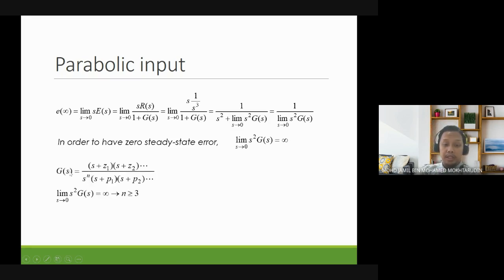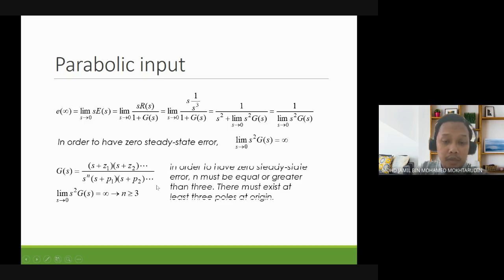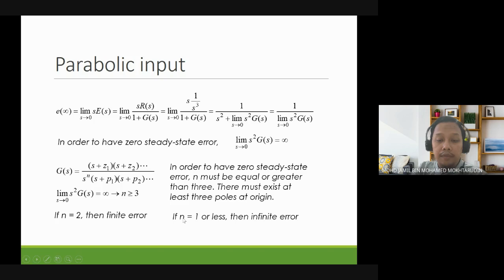Using the same G, N must be bigger or equal to 3, so you must have at least 3 poles at the origin. If N equals 2, then you get finite error. And if N equals 1 or less, you get infinite error.